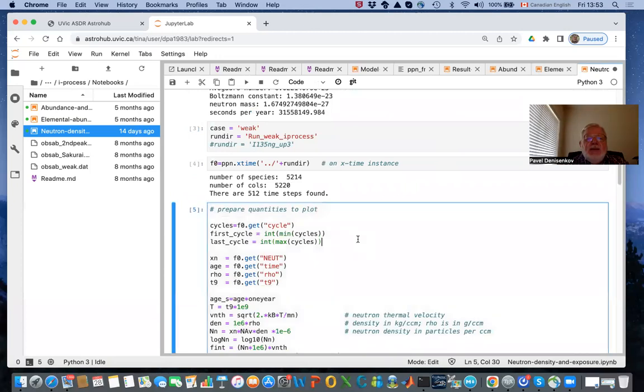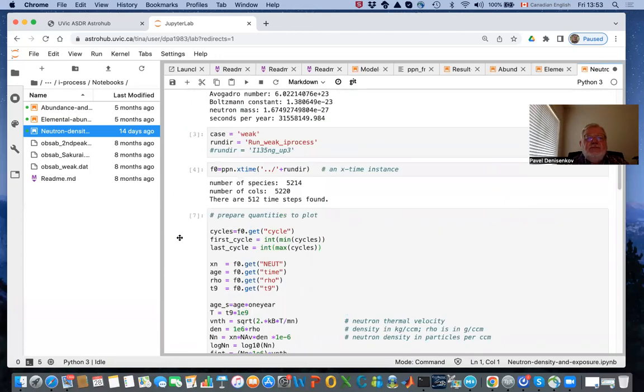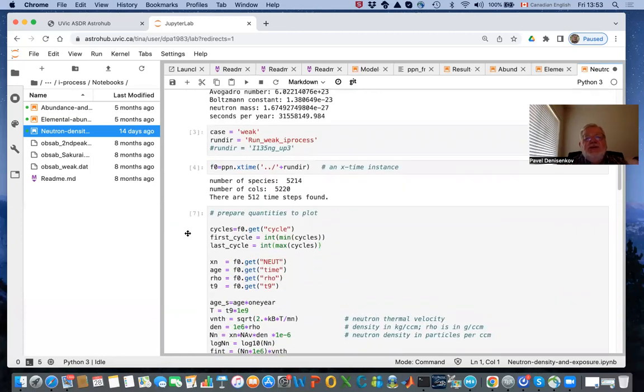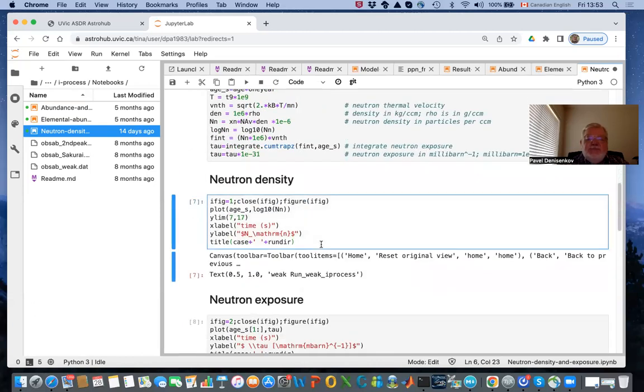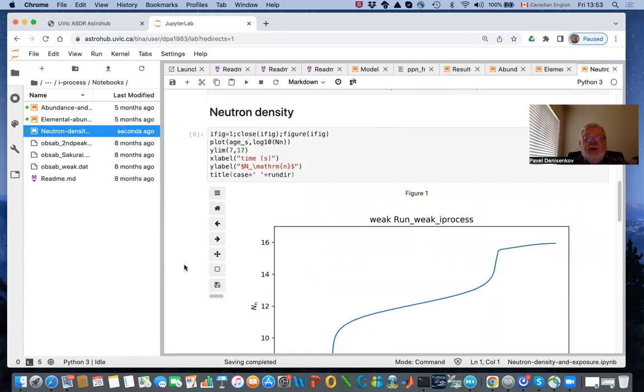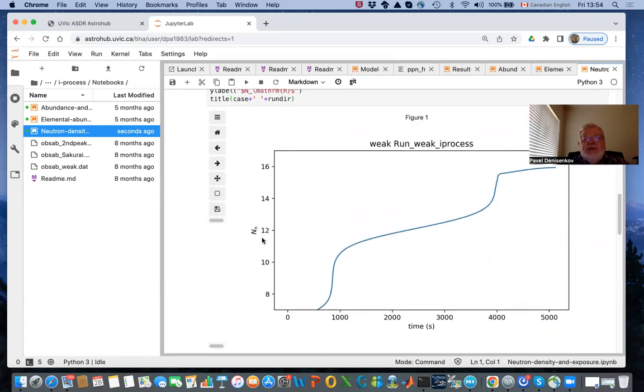Yeah, now it works. I just missed one of the cells. Okay, so now I executed this cell. So now neutron density. You can see this cell makes a plot of neutron density as a function of integration time.